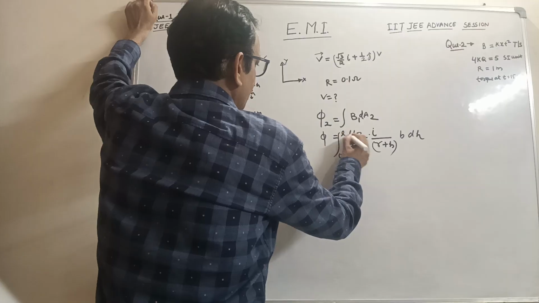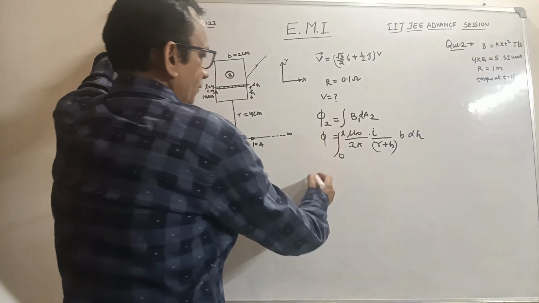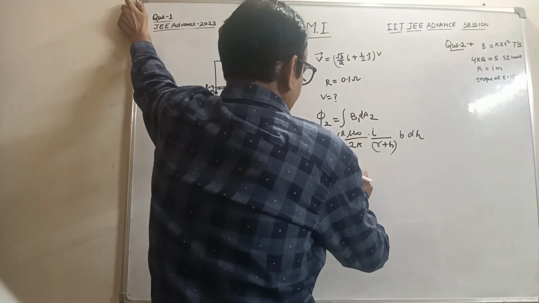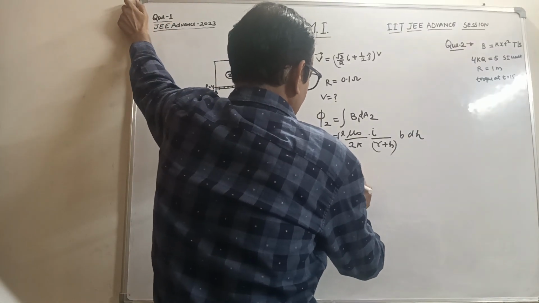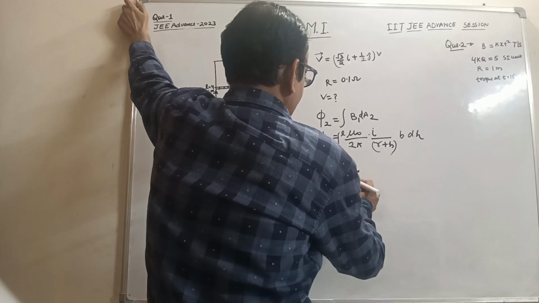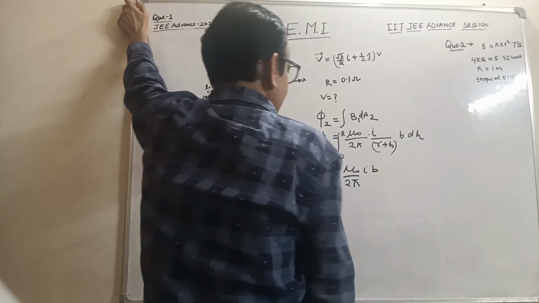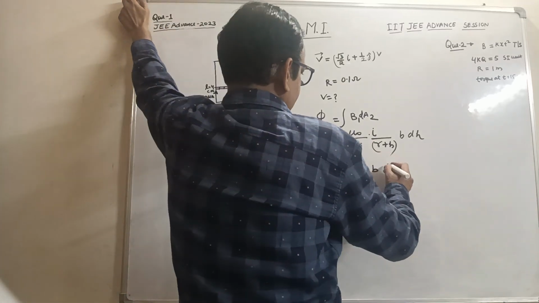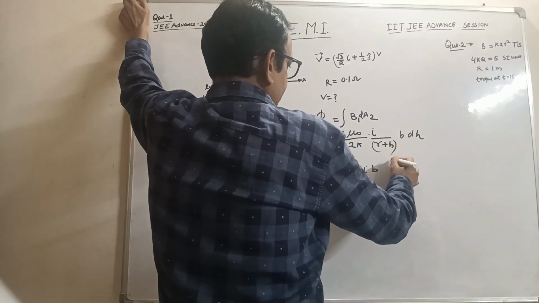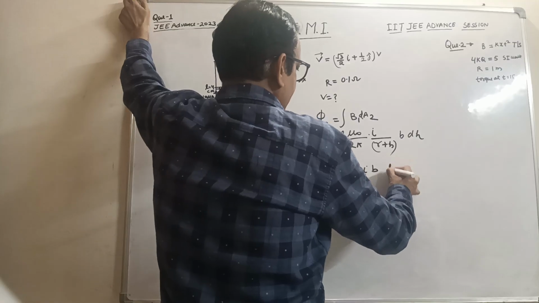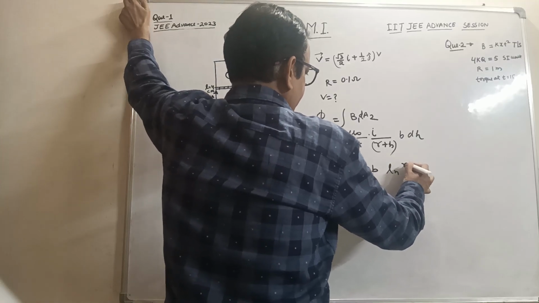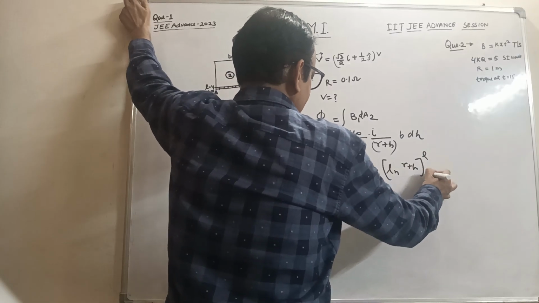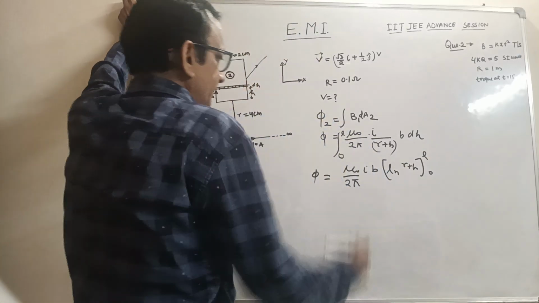So the flux is mu naught upon 2 pi, I and B, which are constant, times the integration of 1 upon R plus H, which is the natural log of R plus H with upper limit L and lower limit 0.